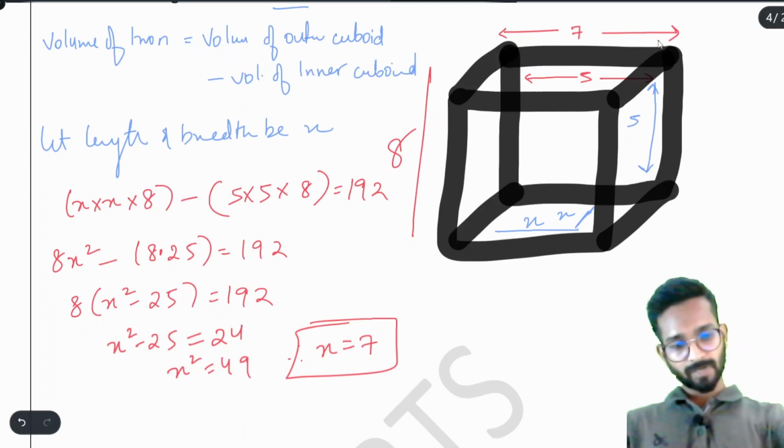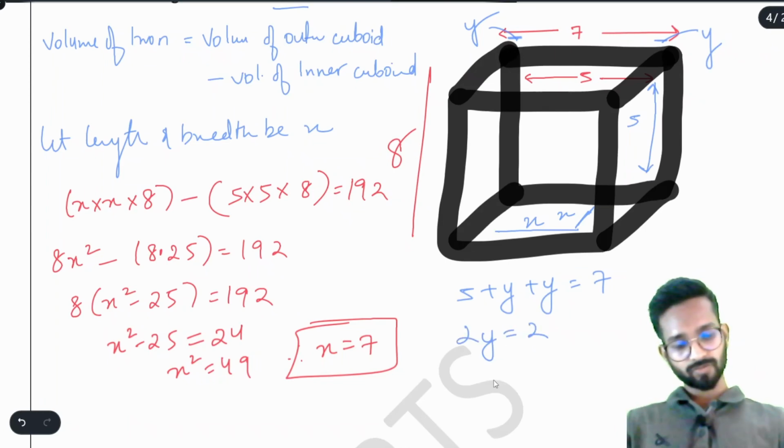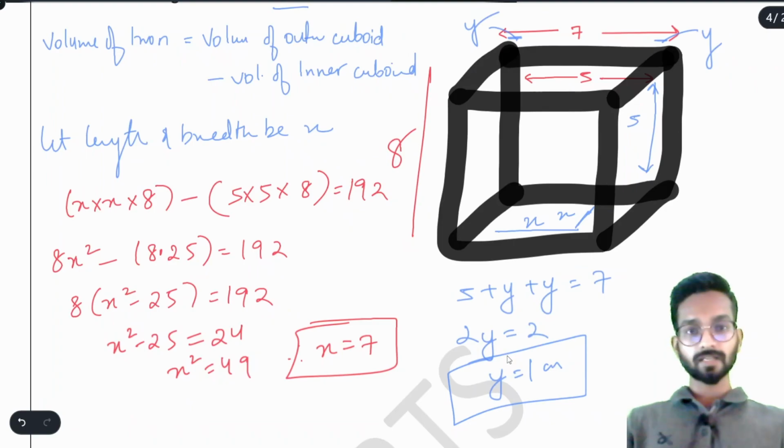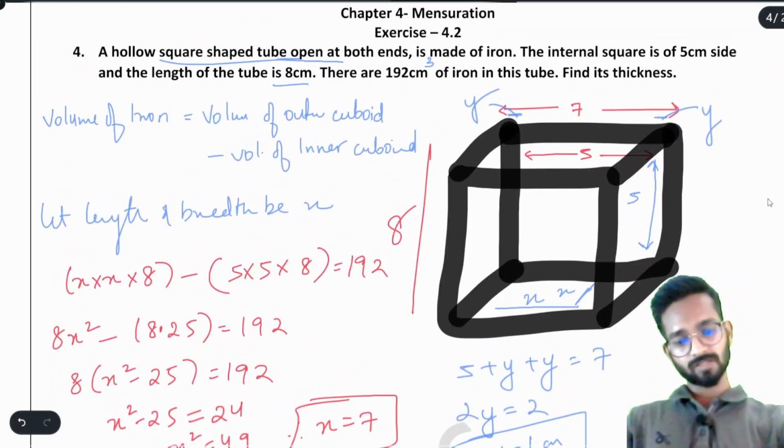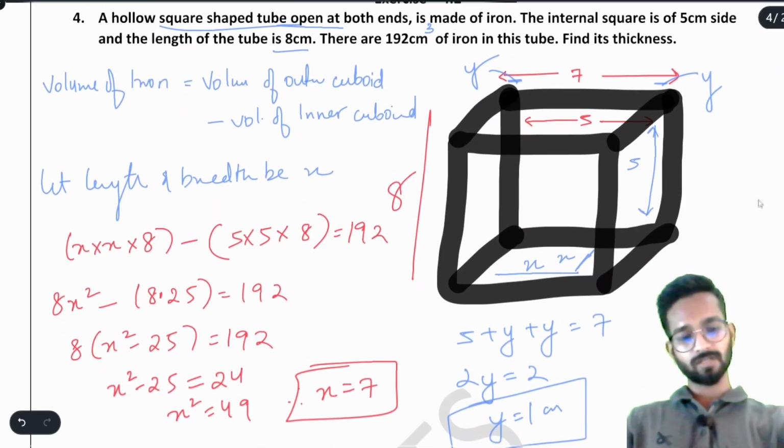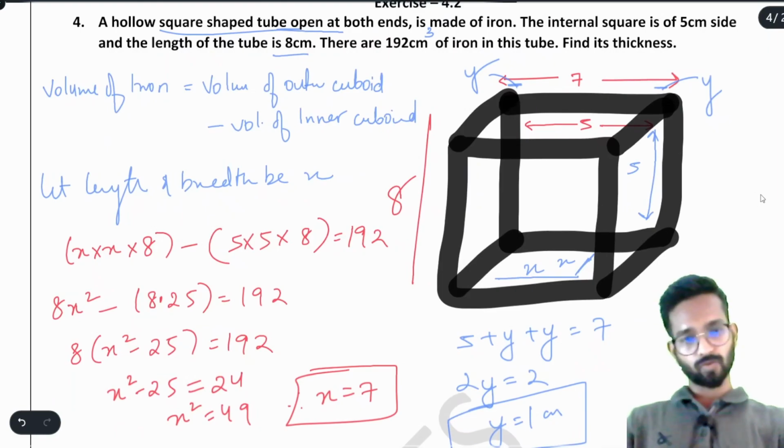This part is extra and this part is also extra. The corners are the extras. So you can say that 5 plus y is equal to 7. Assuming this to be y, this also will be y only. So 2y is equal to 2, y is equal to 1 centimeter. That is your thickness. Understood? This is how we are supposed to proceed with the question. This is the thickness we require to find out.